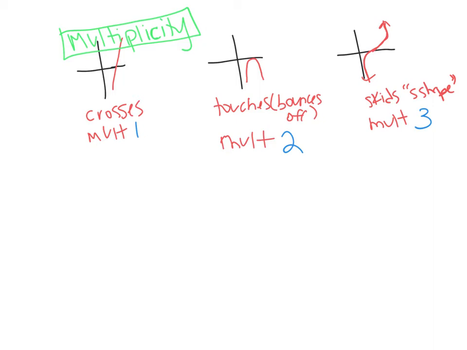So how can we use this? If I have a sketch of a graph, so let's say I have a polynomial that, let's just say, comes up here, goes down here, crosses through here.